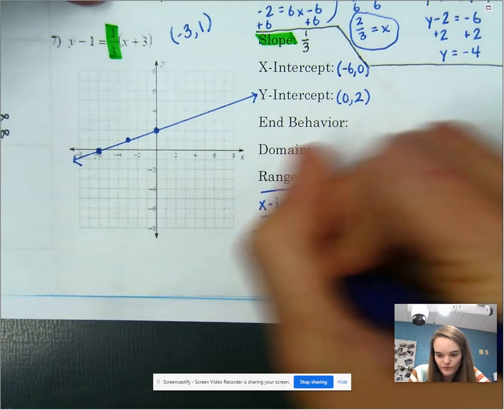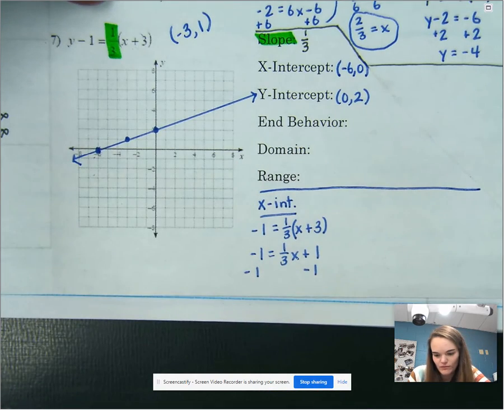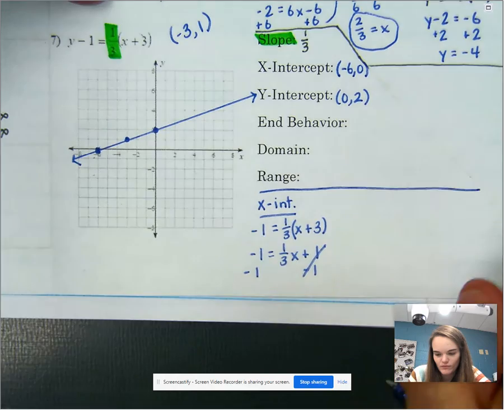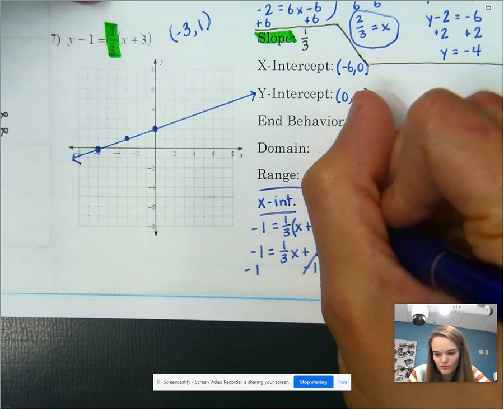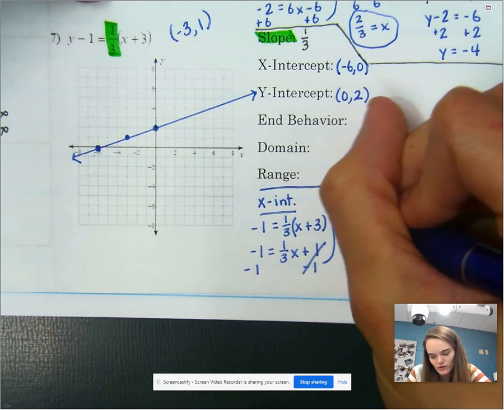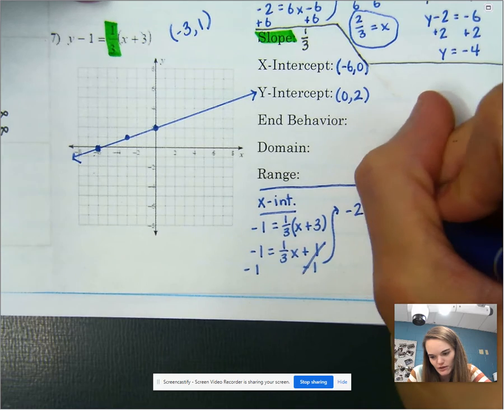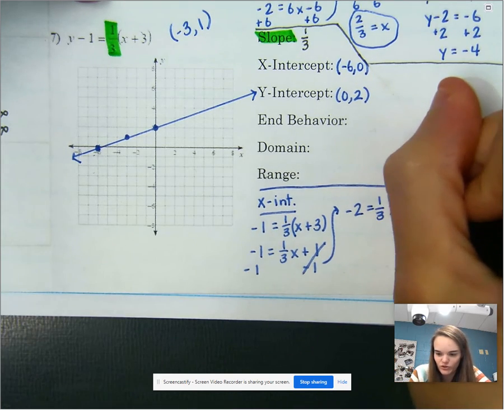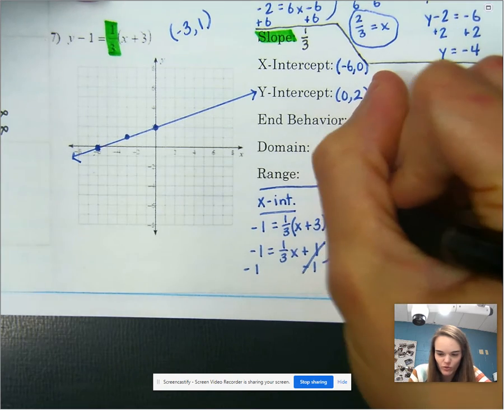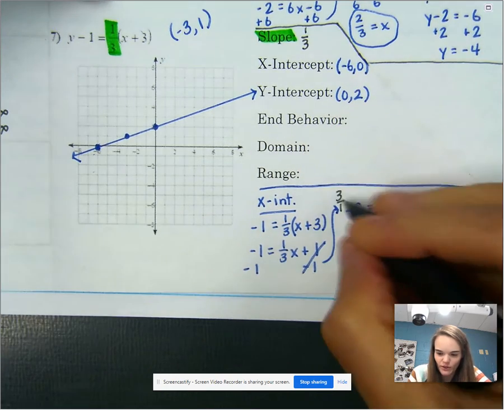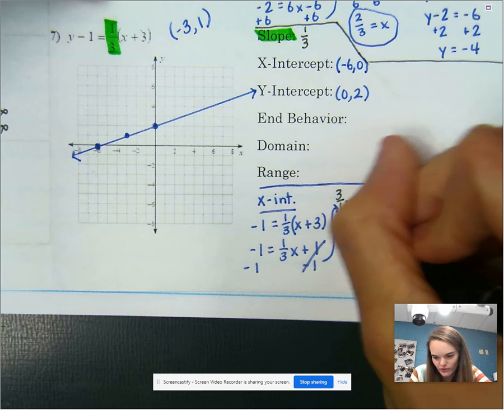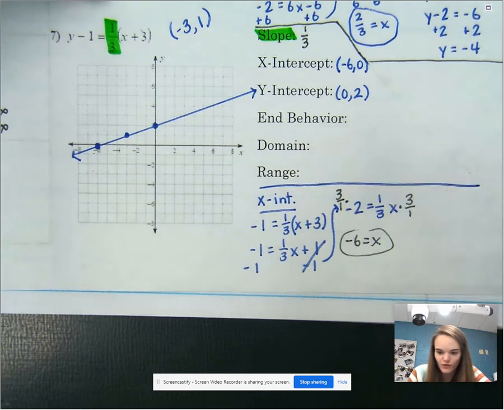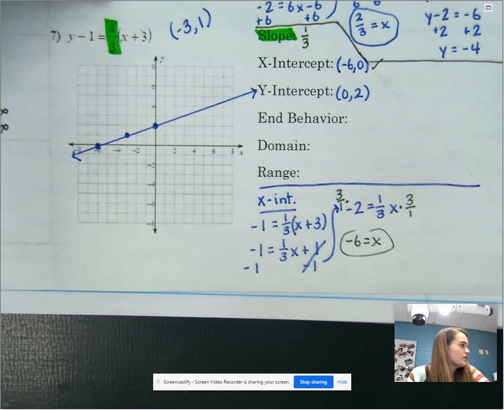Subtract 1. -2 equals 1/3 x. And in case you forgot, you multiply by the reciprocal, which is 3 over 1, but 3 over 1 is just 3. So 3 times -2 is -6. Guess what? It worked.